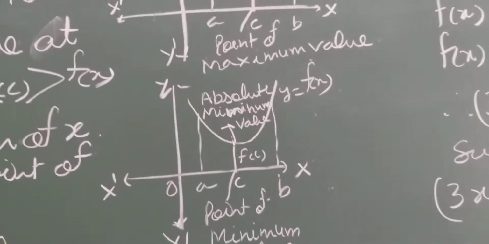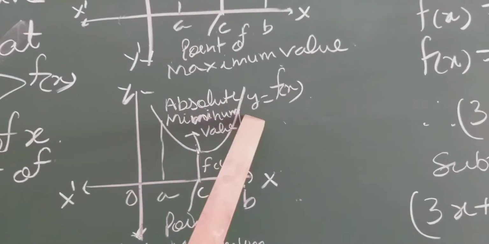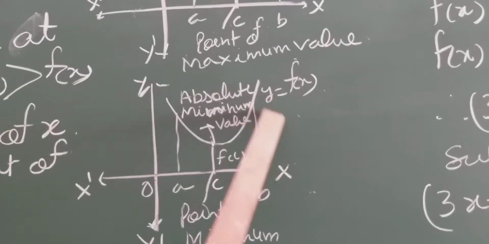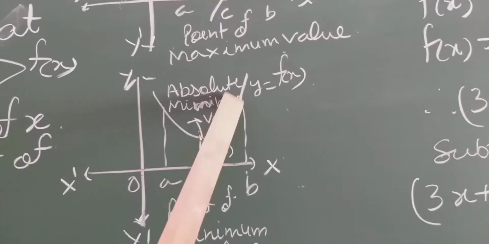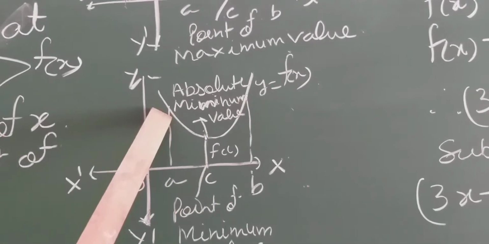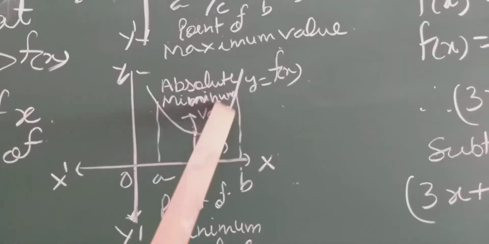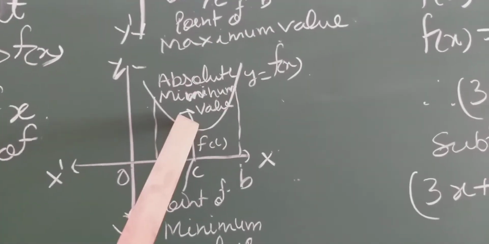You can see, students, this graph, there is a function y equals f(x), and this is the graph of f(x). So you can see it is going up, and this is the minimum value.